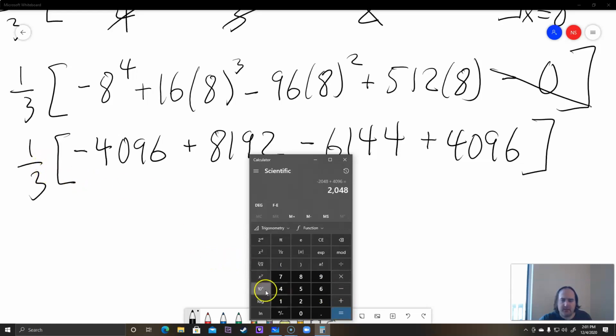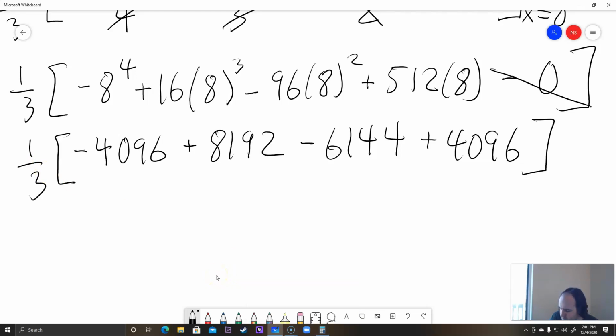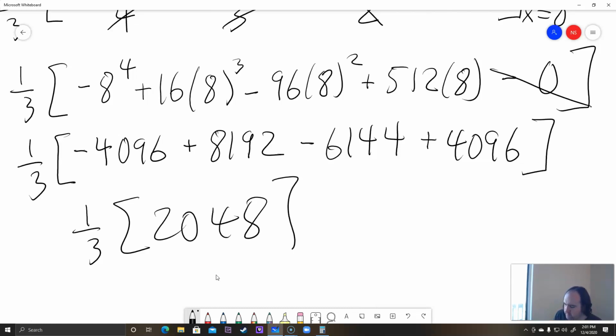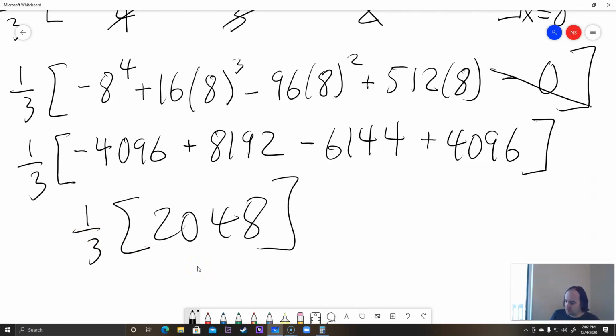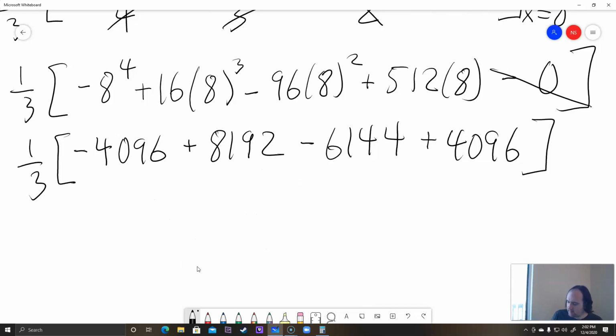And then we have to divide that by 3, so we have 1/3 times 2048. 2048 divided by 3 is not a whole number, so we just leave it as 2048 over 3. So our final answer is 2048 all over 3.